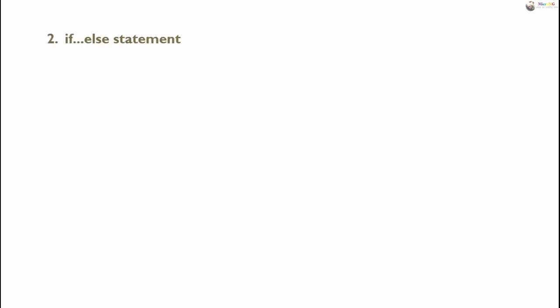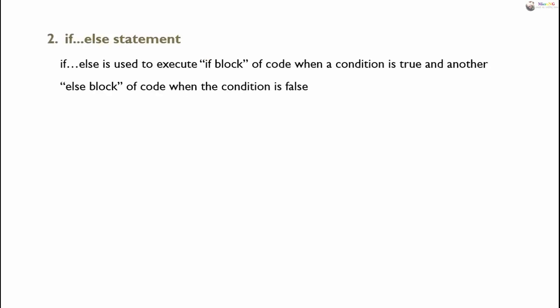Second, if-else statement. If-else is used to execute if block of code when a condition is true and another else block of code when the condition is false. Format: if followed by the condition. If this condition evaluates to true, it will execute the block of statement which is part of if.